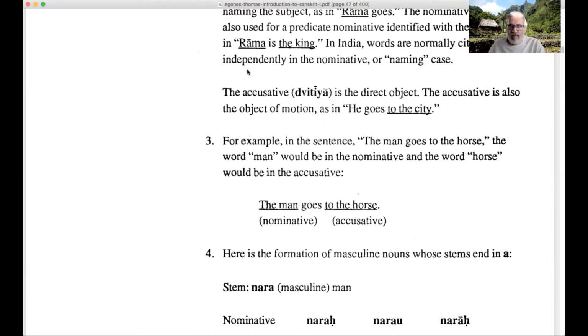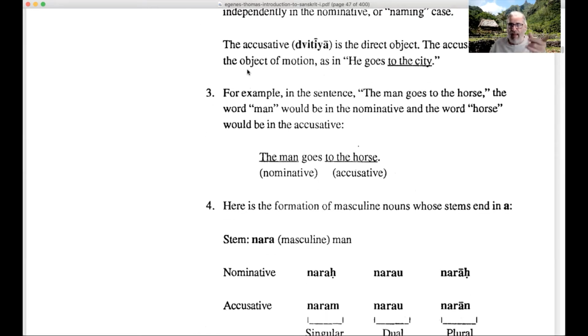So for example, the man goes to the horse. The word man would be nominative and the word horse would be accusative, because it's not only the object of the sentence, but also motion towards the horse. So the man goes to the horse: nominative, accusative.